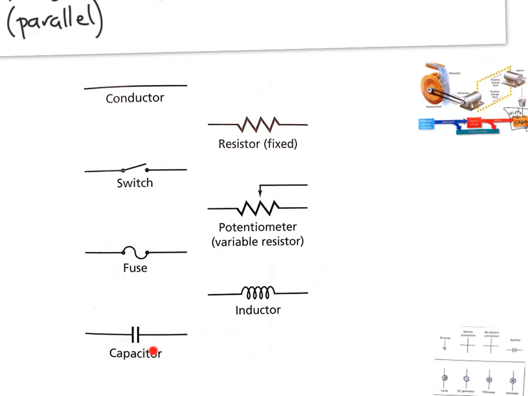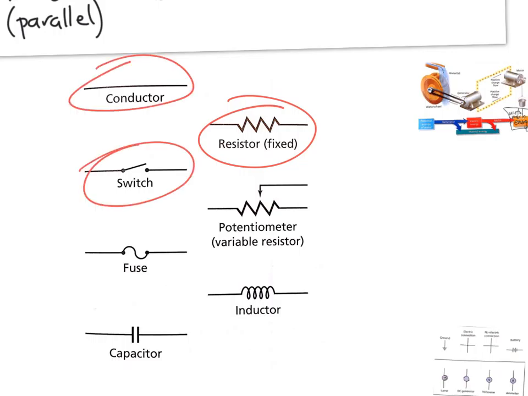But a capacitor, definitely write this down. Inductor, we will play with these. We have them in class, but we won't get all mathematical with them. Potentiometer is a variable resistor. If the arrow were in a different location, it indicates different resistance, but we'll definitely be dealing with resistors, so these are the squiggles. So these are the important ones: resistor, wire, switch, capacitor. Definitely have those written down.